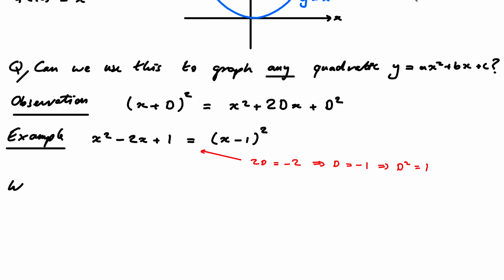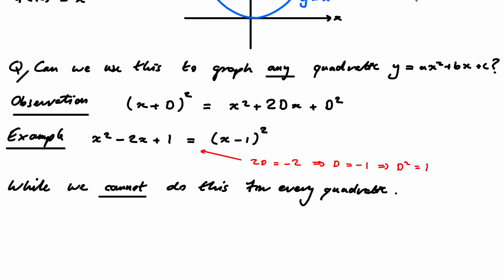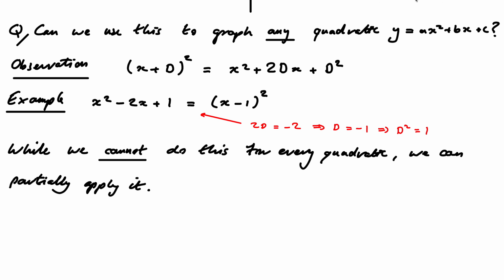So while we cannot do this exact algebra for every quadratic, we can partially apply it. So what does partially apply it mean? Well, let me give an example.